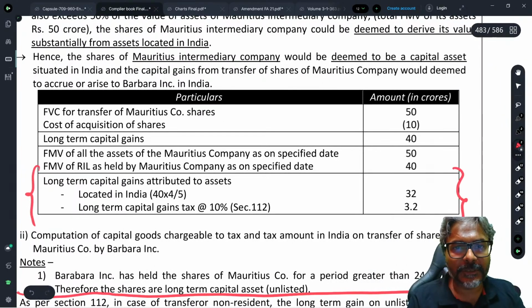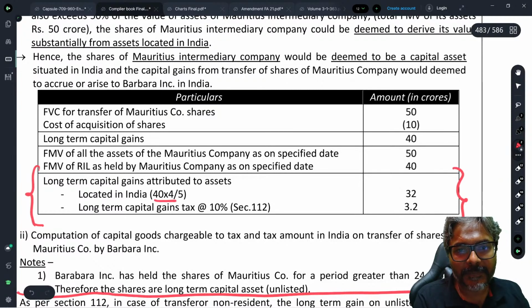Long-term capital gains attributed to the asset located in India. This is what it is.